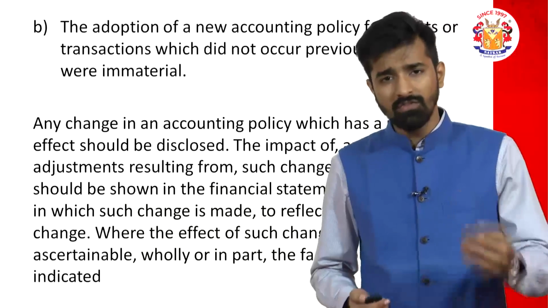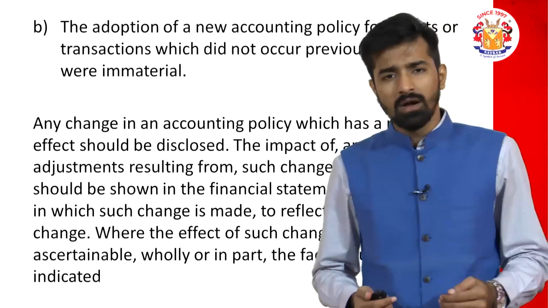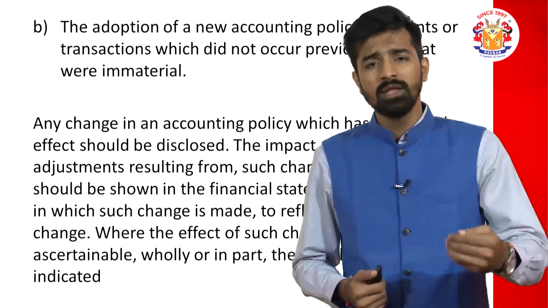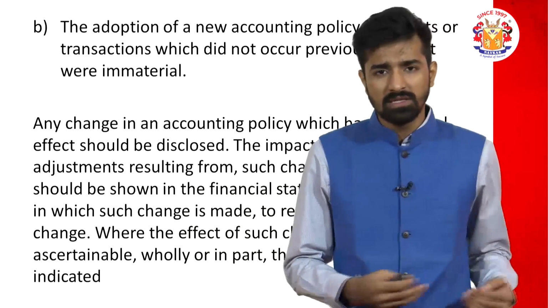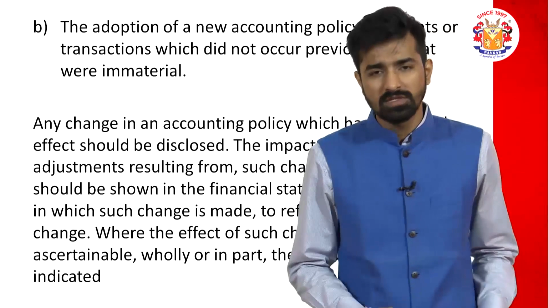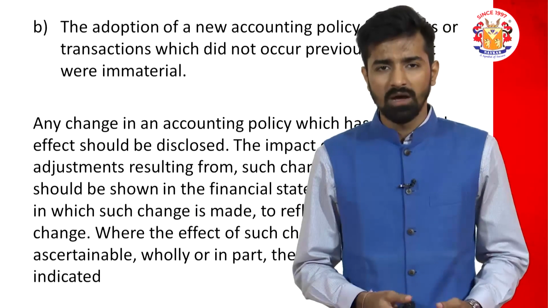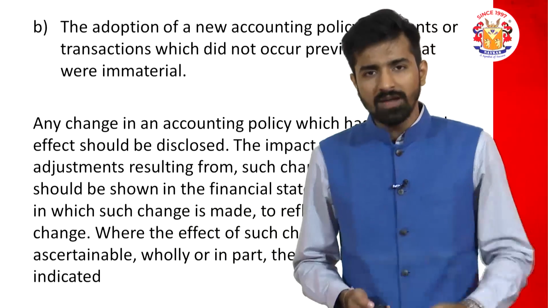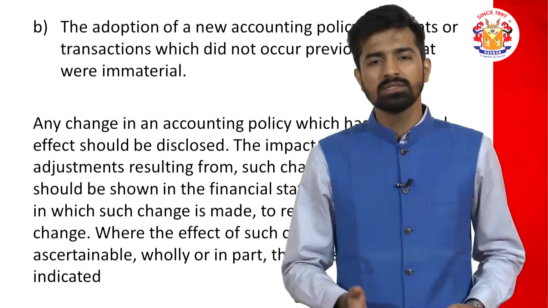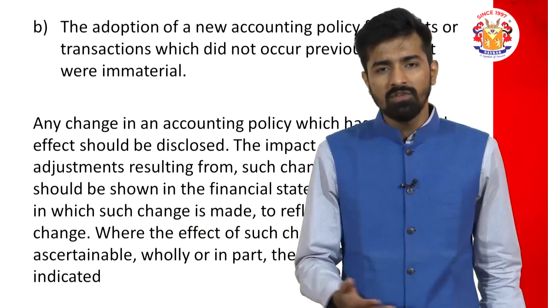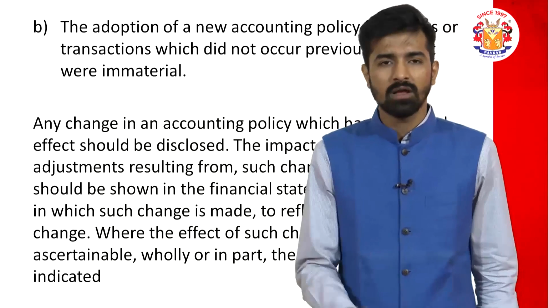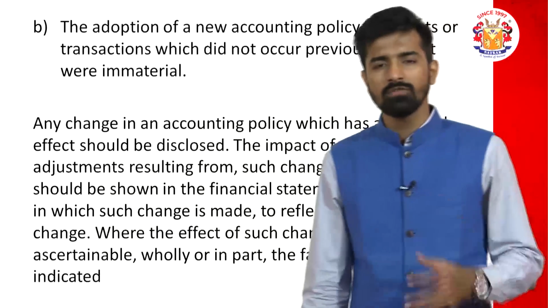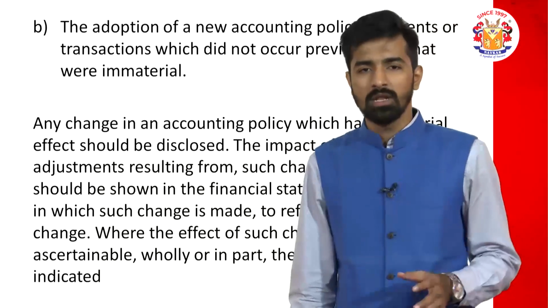If you cannot quantify the effect, that due to a change in accounting policy the company has an increased profit of this amount, or a decreased profit of this amount, or a loss of this much amount, that fact should be disclosed, that the enterprise is unable to quantify the impact of the change in accounting policy. So you have to disclose the impact of the change in accounting policy if it is material.